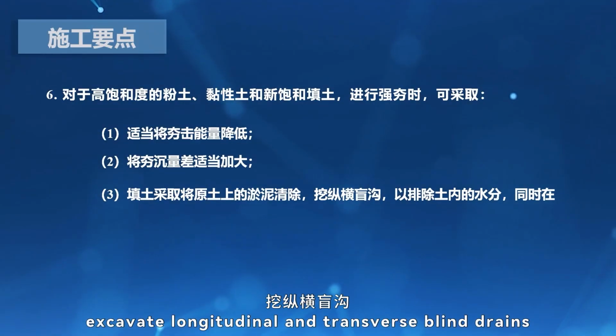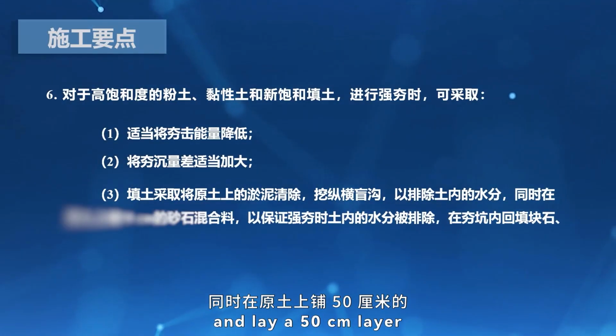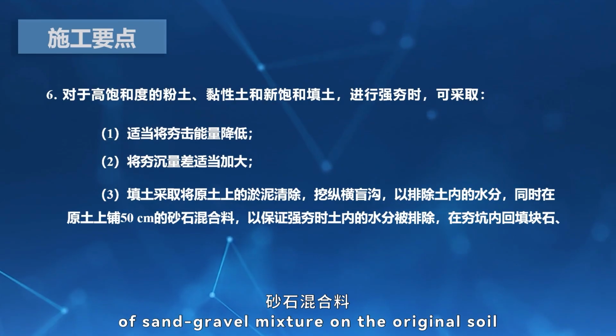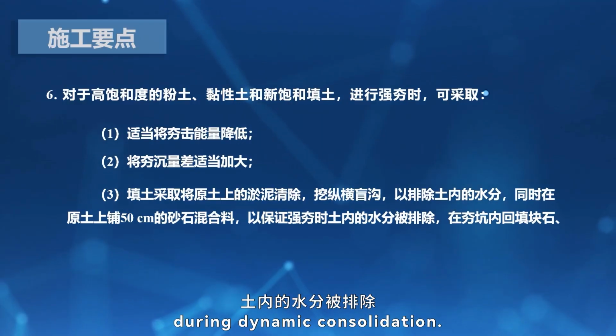Excavate longitudinal and transverse blind drains to drain water from the soil and lay a 50-centimeter layer of sand-gravel mixture on the original soil to ensure water is expelled during dynamic consolidation.